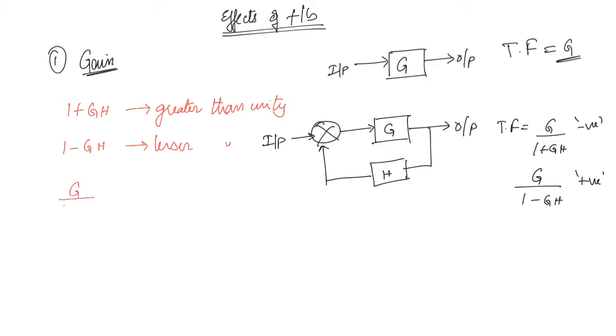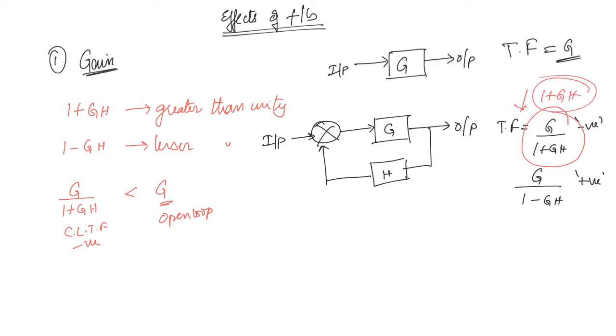So G by 1 plus GH will be less than G. This is the closed loop transfer function for a negative feedback system, and this is for open loop systems, right? So compared to an open loop system, the gain of a negative feedback system will reduce by a factor of 1 plus GH.